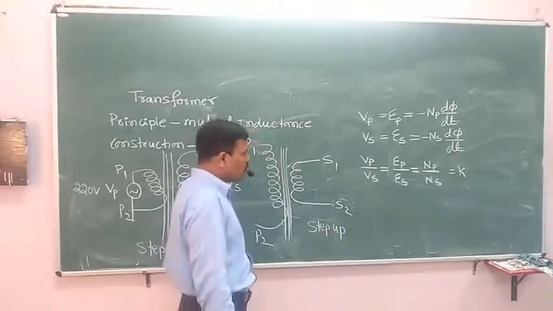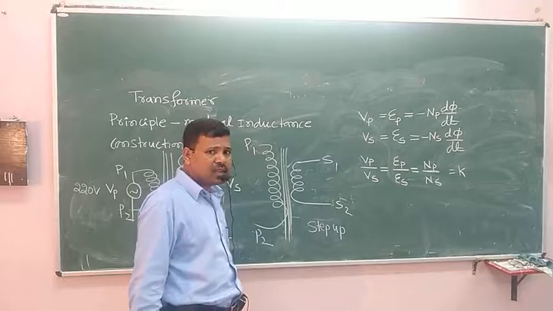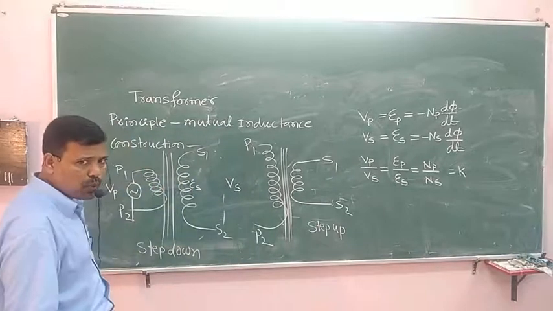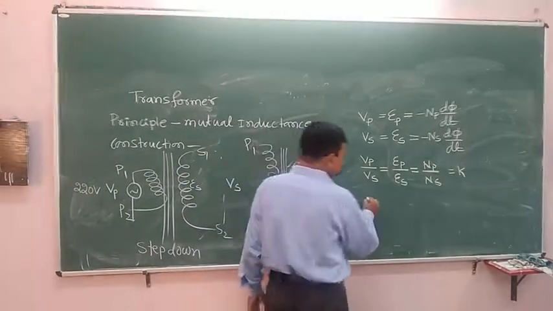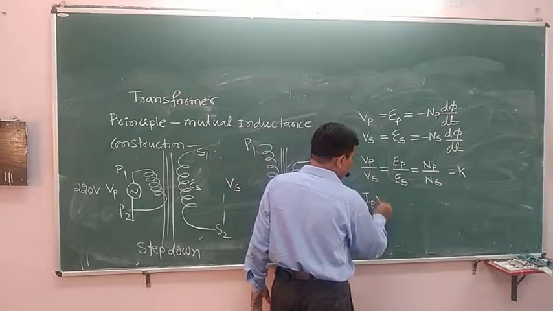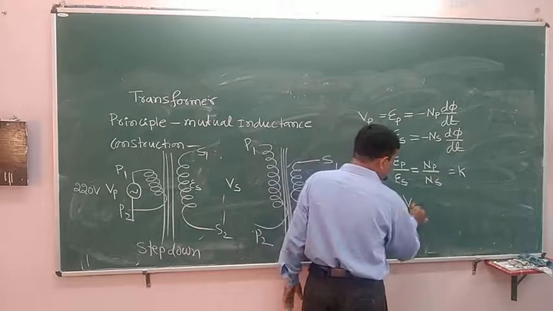Okay. Now, as we know, in an ideal transformer, the input power is equal to output power. What is power? Power is current into voltage. Input power is equal to output power.